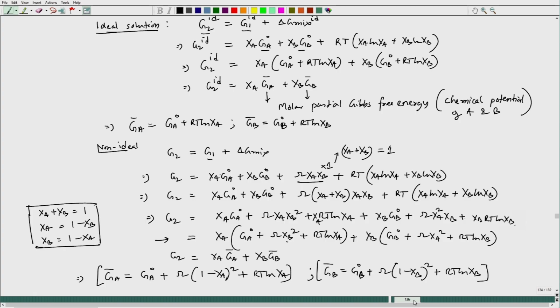In fact, if we see G2 when it is ideal and when it is non-ideal, there could be a difference between these two, and that difference should be the excess function, because the Gibbs free energy is an extensive quantity. Okay. So, we can now make a distinction between the regular solution model and the ideal solution.